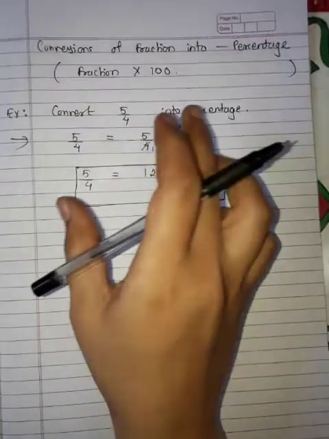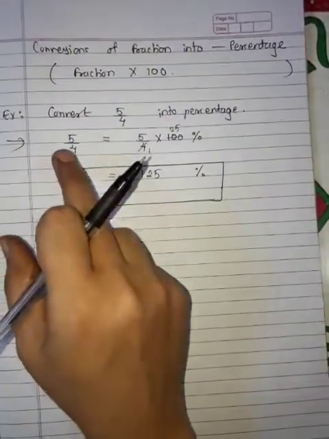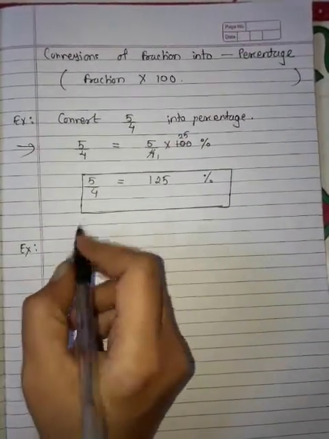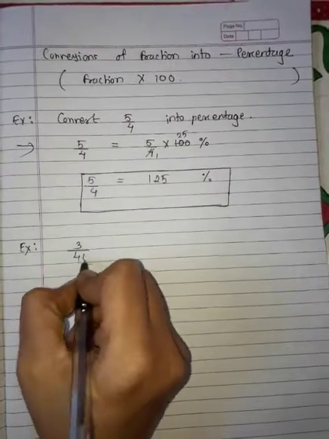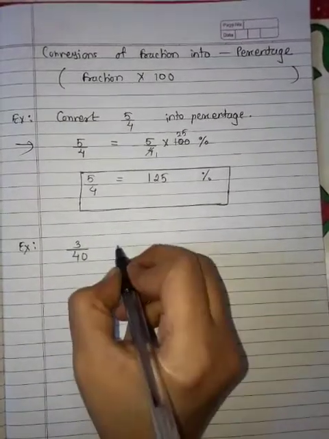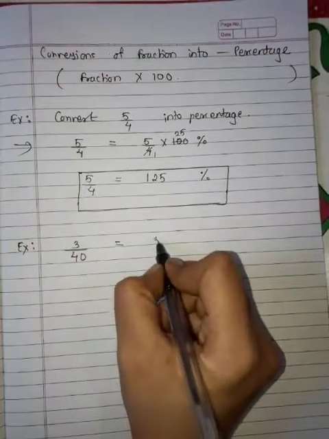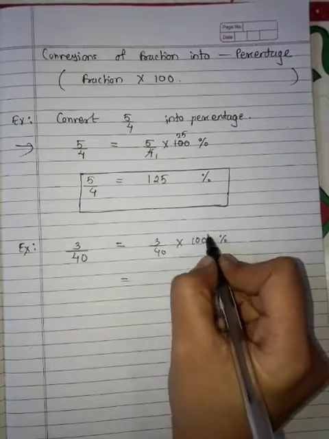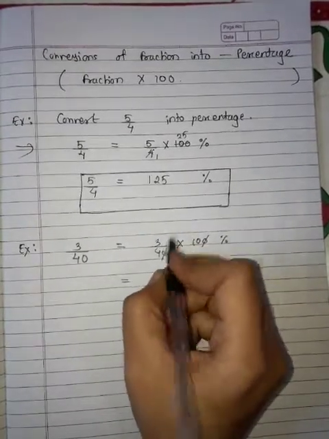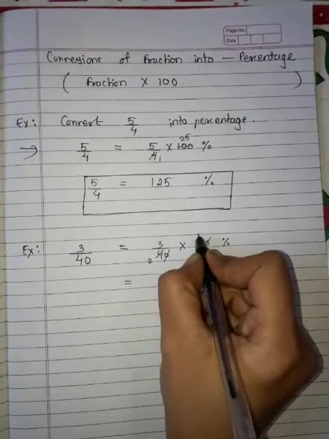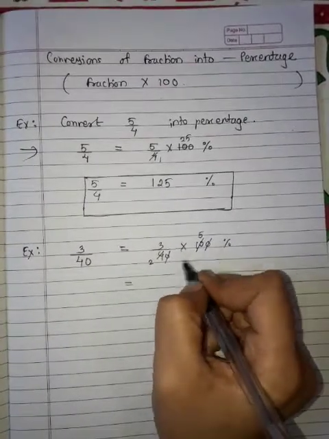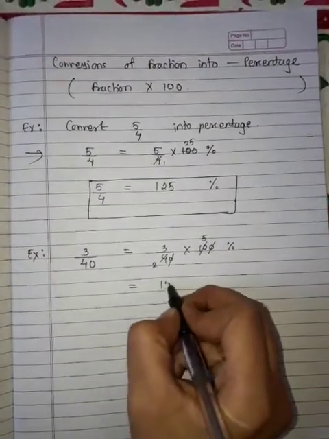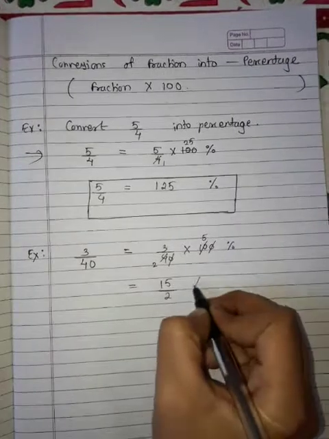So like this you can convert a fraction into a percentage. While converting, we multiply that fraction by 100. See second, convert the fraction 3 by 40 into percentage. We multiply the fraction by 100. This 0 gets cancelled. 2 2s are 4, 2 5s are 10. And here what remains? 3 into 5, that is 15, whole divided by 2%.